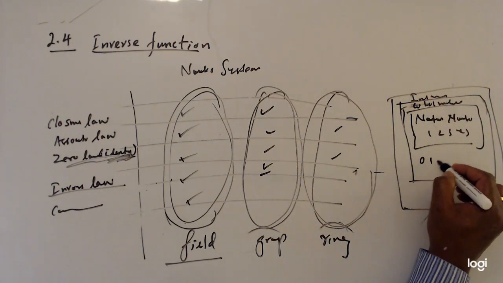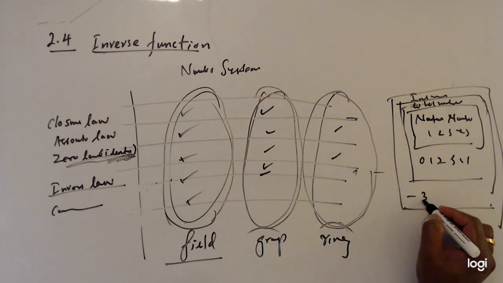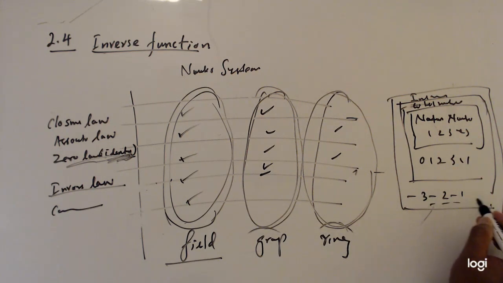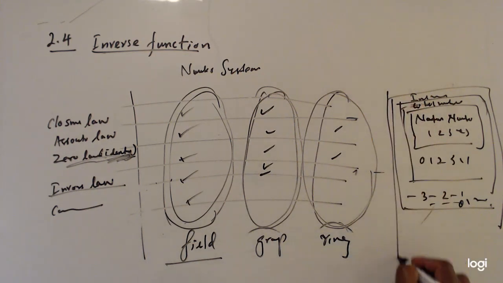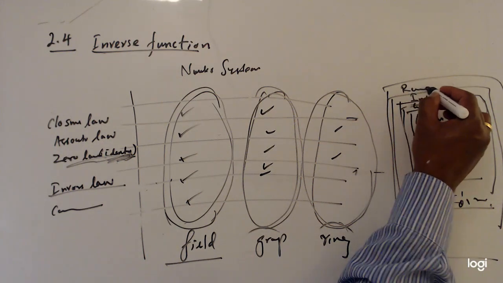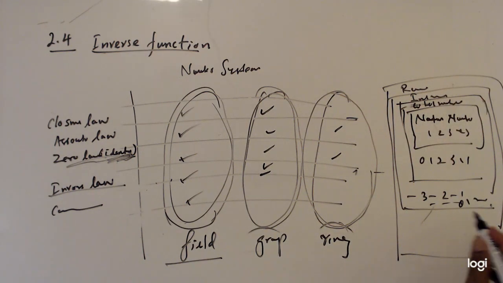Whole numbers: 0, 1, 2, 3, 4, 5. Integers: minus 3, minus 2, minus infinity to 0, 1, 2, 3, infinity. Then real numbers, irrational and rational separately, then the real numbers, and then complex.